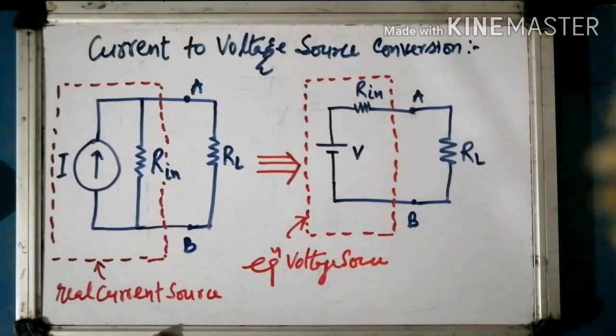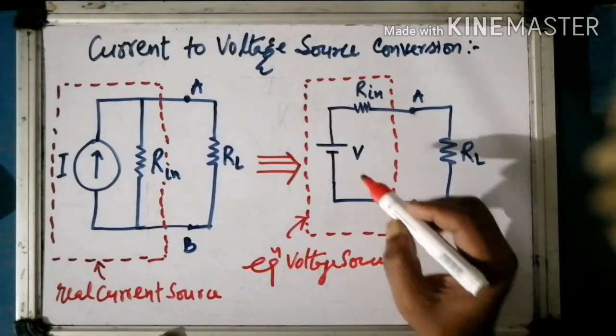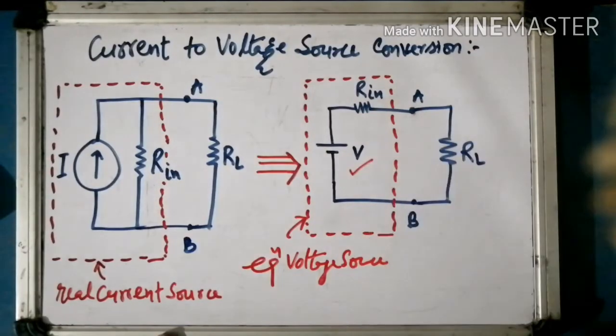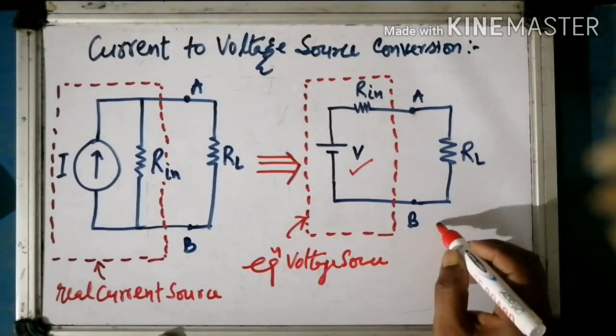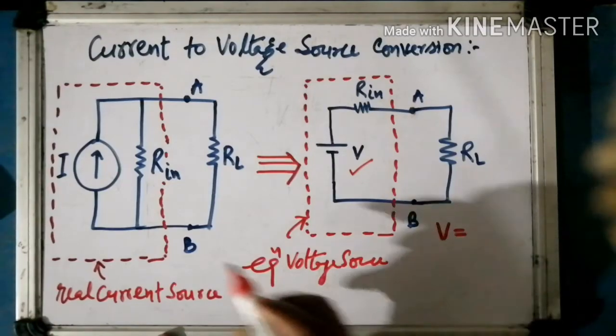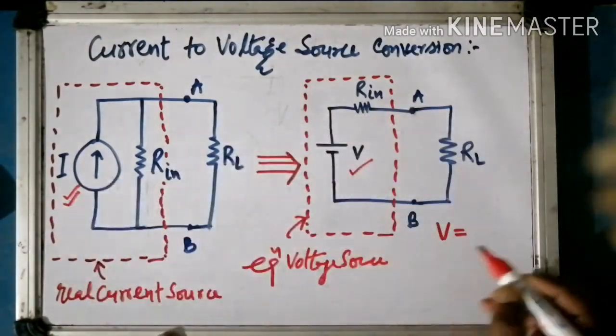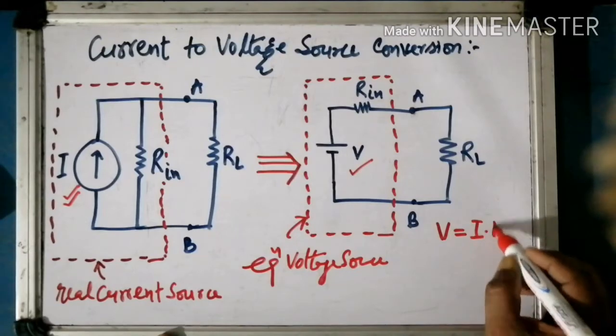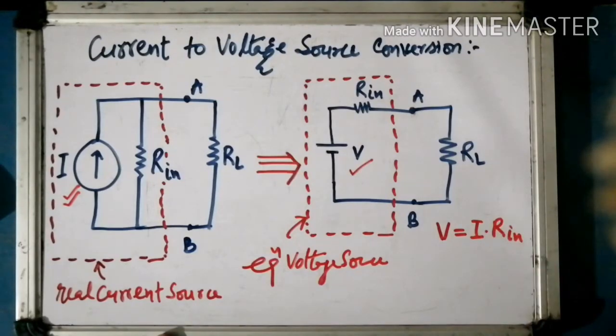Now our task is how to calculate this V. It's very simple. V is equal to whatever the value of current source, that is I, into Rin, right?